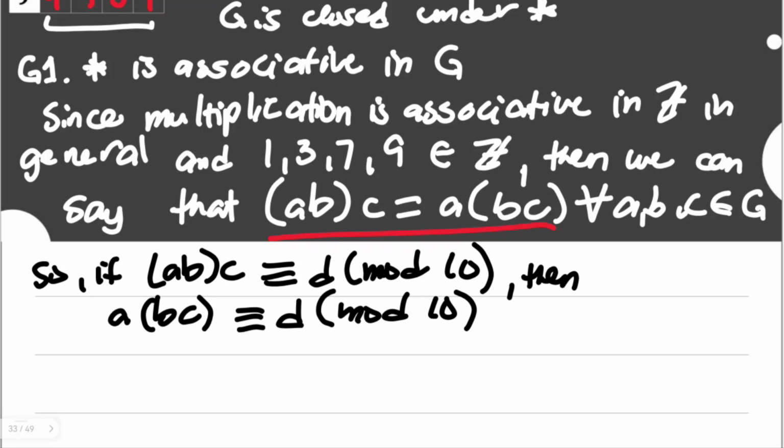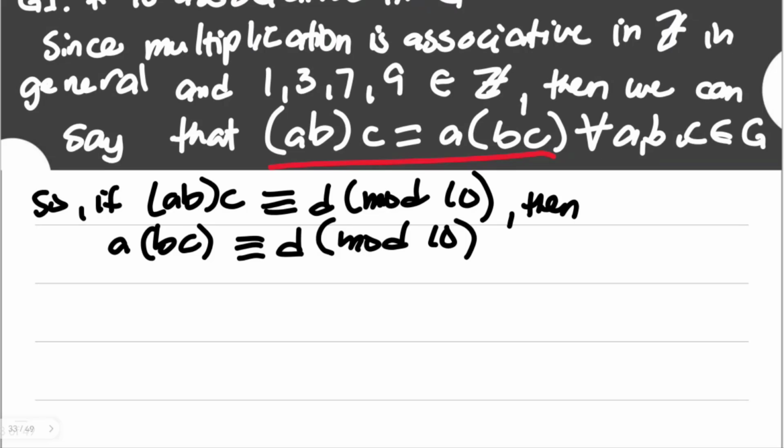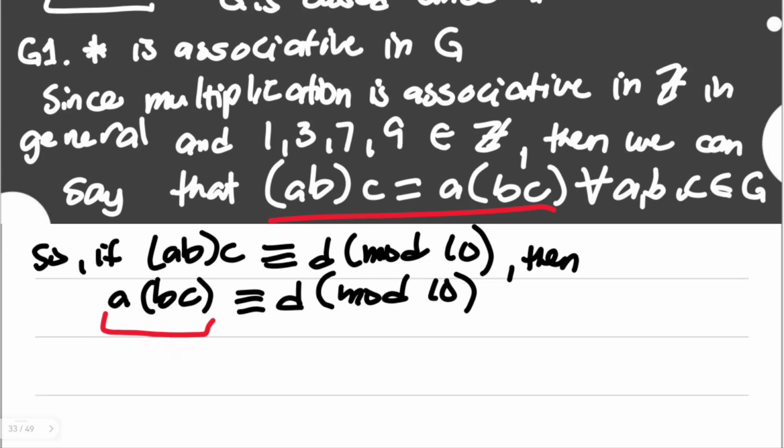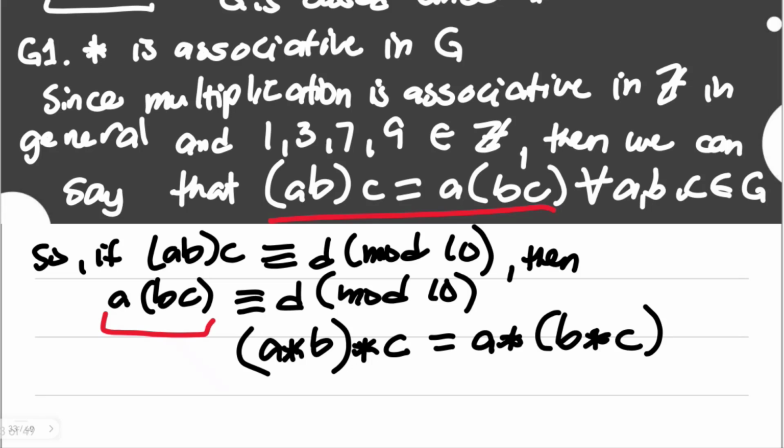Then with that connection, since this is true for usual multiplication, and since our operation now is multiplication modulo 10, still uses multiplication but with an idea of modulo 10, then we can say now, in generalized perspective, that A star B star C is just equal to A star the grouping, because if they are multiplied, usual multiplication, they will result to the same value.